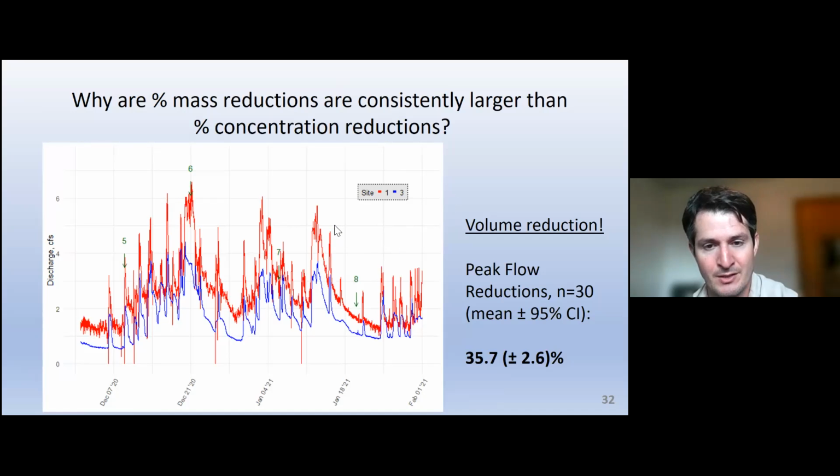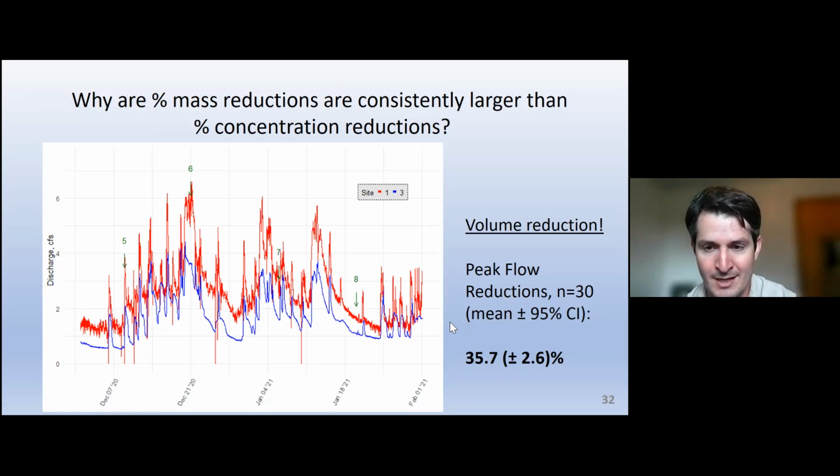So the piped part above the treatment terrace, and then the outlet of the treatment terrace. And the outlet trace is below the inlet trace a lot, which means a lot of infiltration is happening on the terrace, a lot of water soaking into the ground. And that's reducing the volume and showing up as higher mass-based reductions.